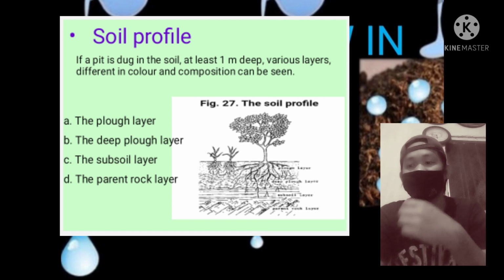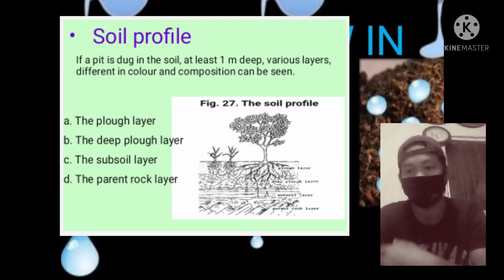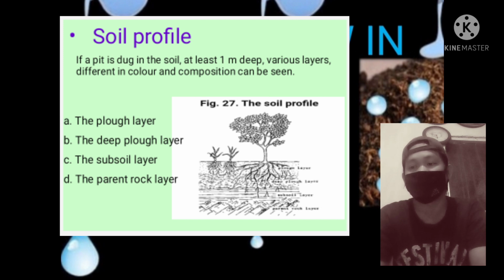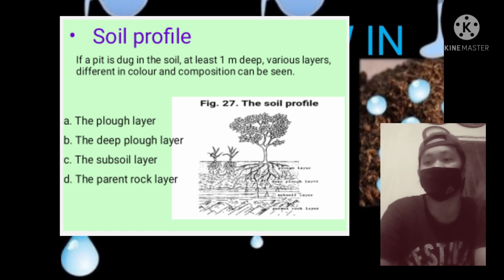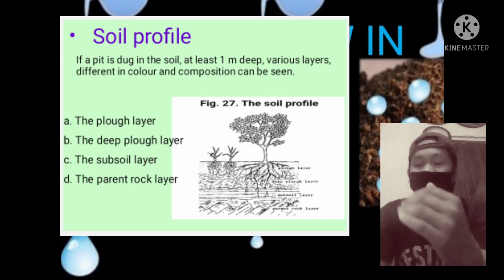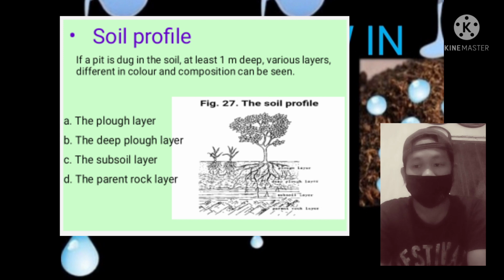Look at the pictures. First one is a very general simplified soil profile, which can be described as follows. Let us look at the sequence. The first one is the topsoil layer, 20 to 30 centimeters thick. It is enriched with organic matter and contains many roots.